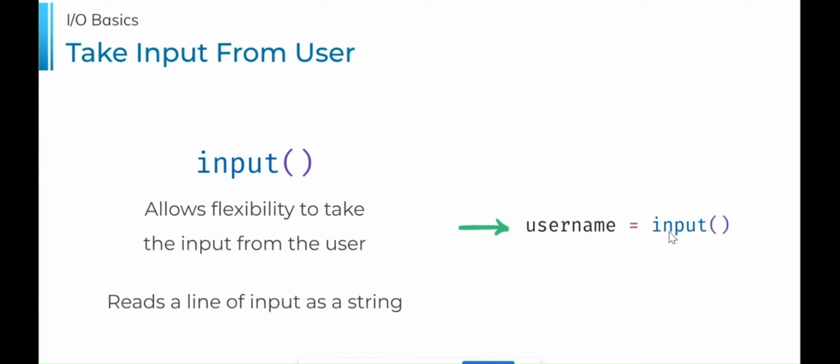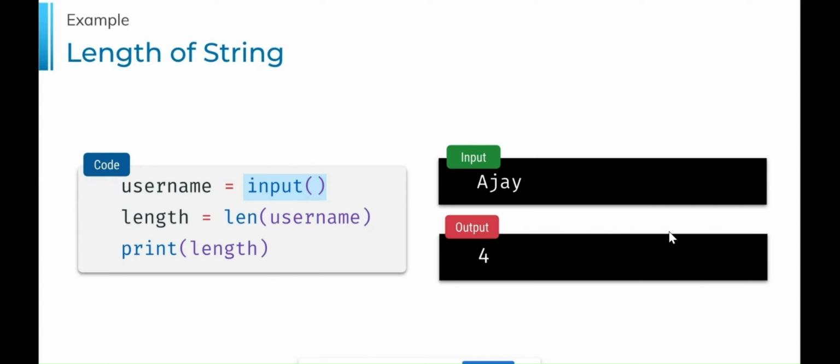It reads a line of input as a string, and the result of input() is assigned to the variable username. Here we find the length of the string. In the previous example we saw that username is equal to input.